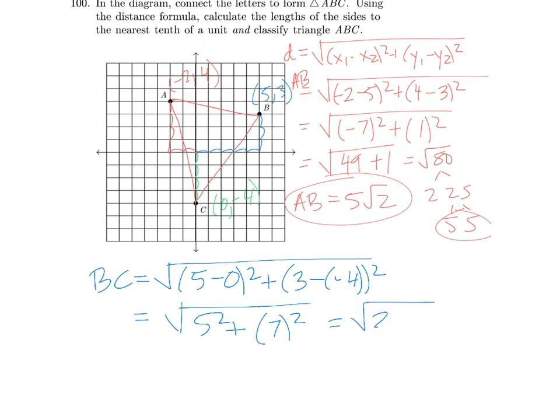So the square root of 25 plus 49, which is going to be 74. Can I simplify that? 2 times 37? Nope, I cannot. So BC is equal to the square root of 74.